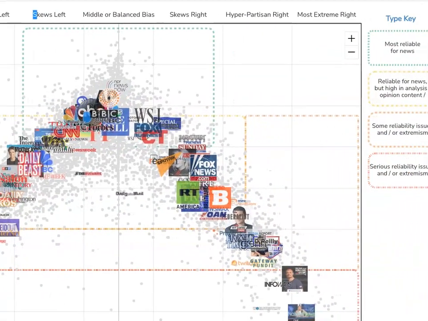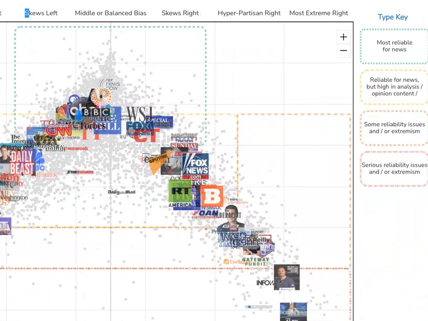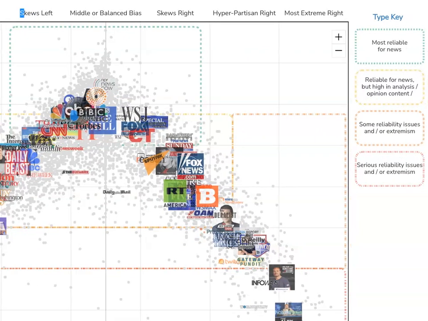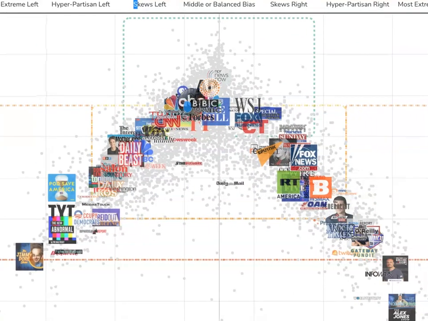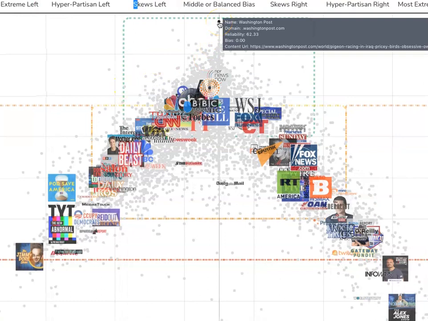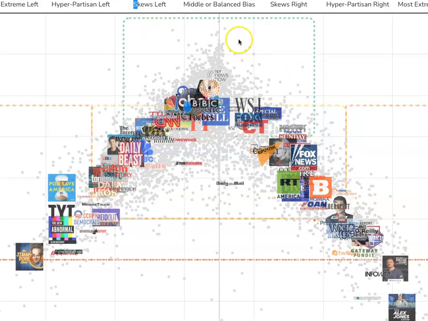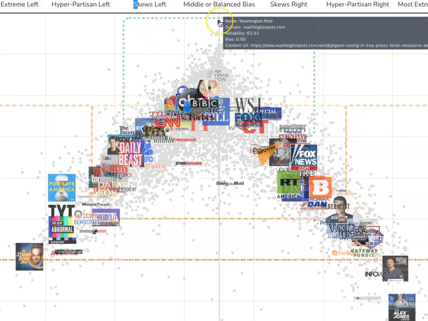And over here, the most reliable for news, but not analysis or opinion. And you'll see nothing's like super up here in the high green part. Well, there is something. The Washington Post. How do you like that? And again, if you determine this is the higher quality of information, you might want to start with something like that.